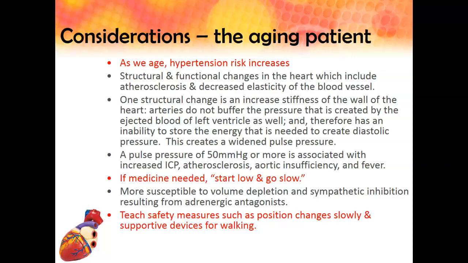And so when there's less elasticity to the arteries, you're going to have greater pressure, a higher blood pressure. Pulse pressure of 50 millimeters of mercury or more is associated with increased intracranial pressure, atherosclerosis, aortic insufficiency, and fever.